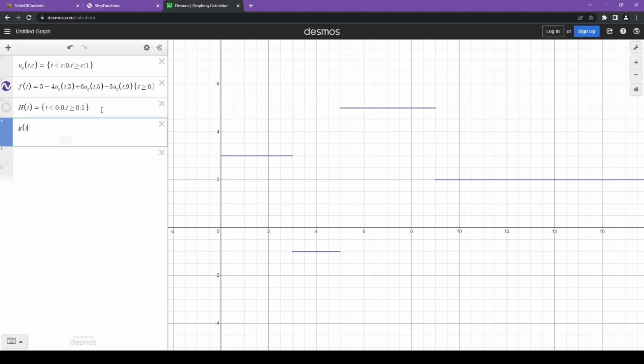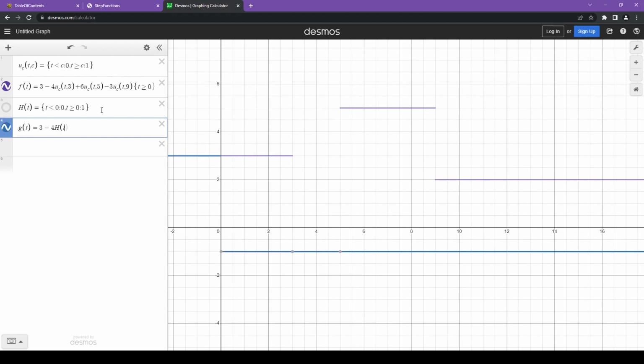And then also write 3 minus 4 times h of t minus 3 plus 6 times h of t minus 5 minus 3h of t minus 9. Okay, it covered up the graph because it's the same graph. All right, this one is the one that you would more likely type into some computer system.